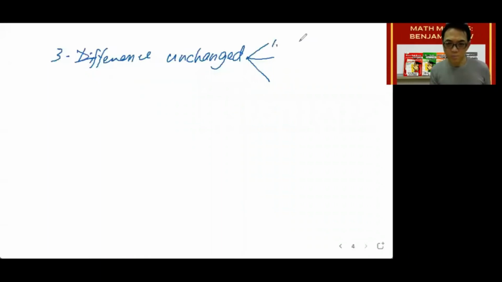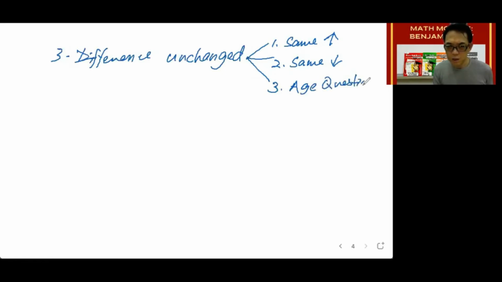The first type is where you have the same increase for both parties. The second type is when you have the same decrease for both parties. And the third type is normally related to an age question. Let me explain each of them in turn.